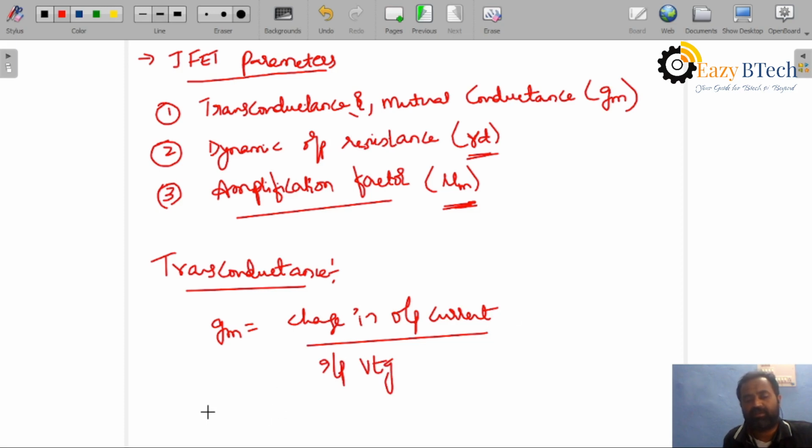We can represent this as GM is equal to change in IDS by change in VGS.